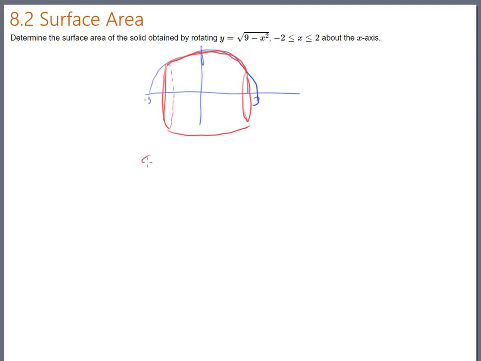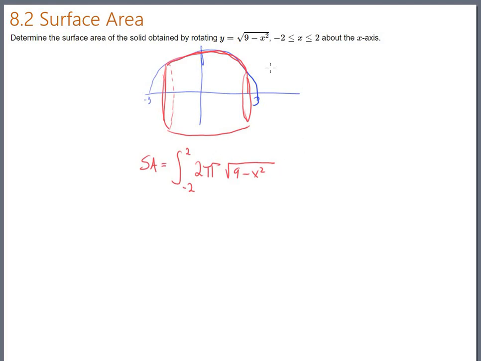So the surface area will be the integral from -2 to 2 of 2 pi radius, which is y, which is f of x, which is the square root of 9 minus x squared, times arc length.